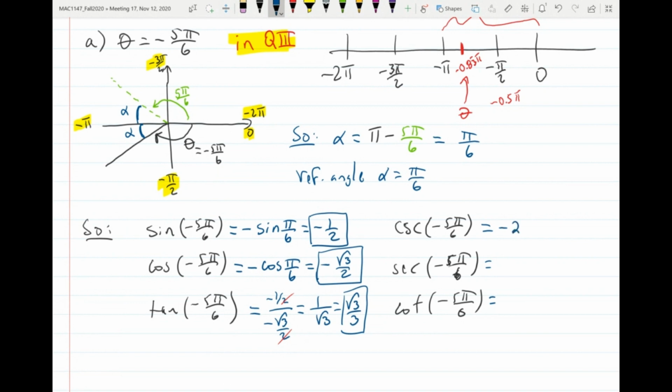If cosine is negative square root of 3 over 2, then secant is going to be negative 2 over the square root of 3. And similarly, if tangent was positive 1 over the square root of 3, then cotangent is going to be square root of 3. Just flip it. Okay? And with this, we found the others.